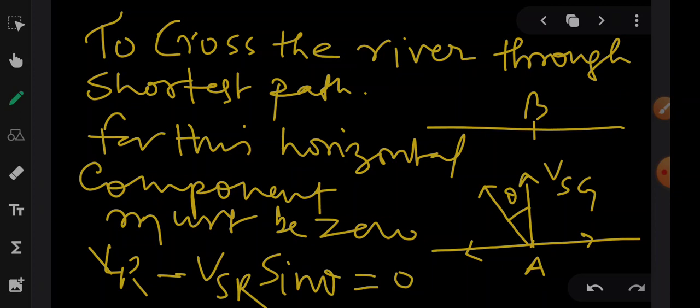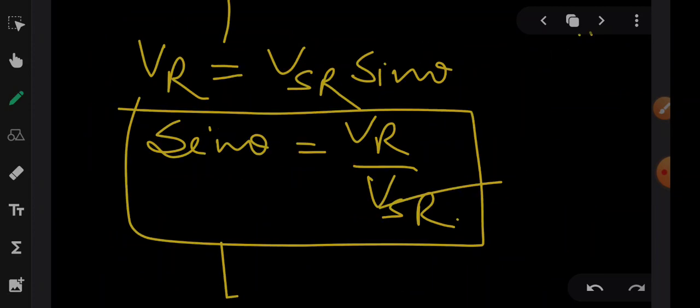To cross the river through the shortest path, the horizontal component must be 0, that is, AB, the straight line from A to B, will be the shortest path, and to move along A to B, its horizontal component must be equal to 0, that is VR minus VSR sin theta must be equal to 0.